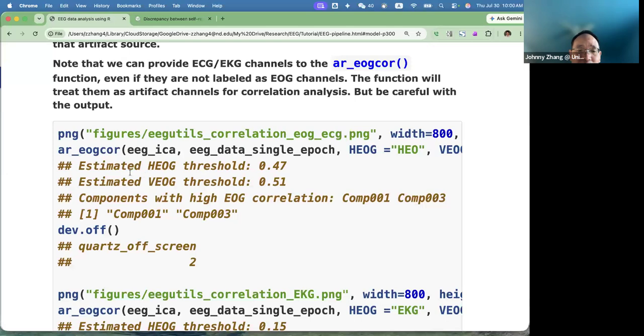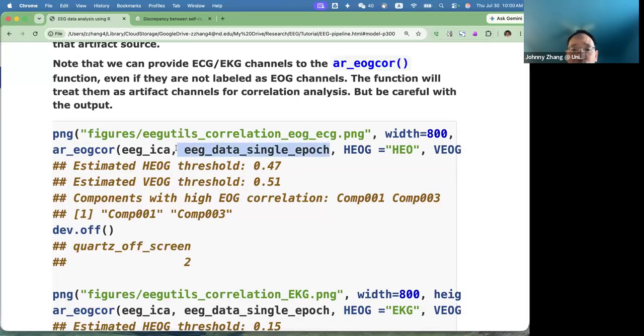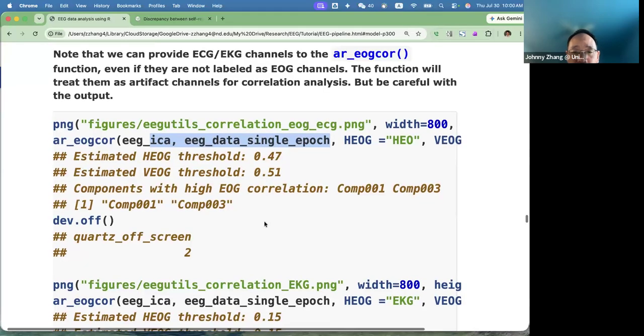For example, if we calculate the correlation between each component and the horizontal eye movement, we found component 1 and component 2 have a higher correlation with horizontal eye movement.